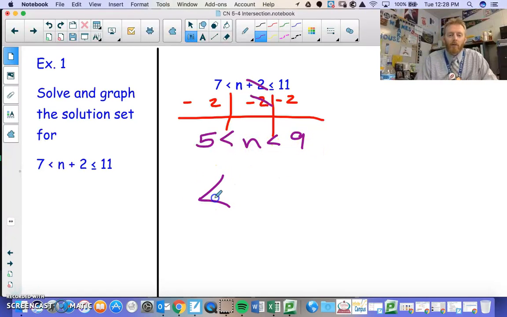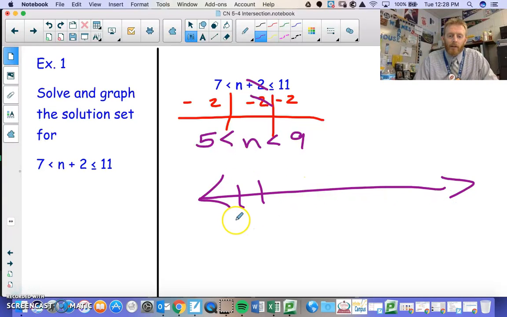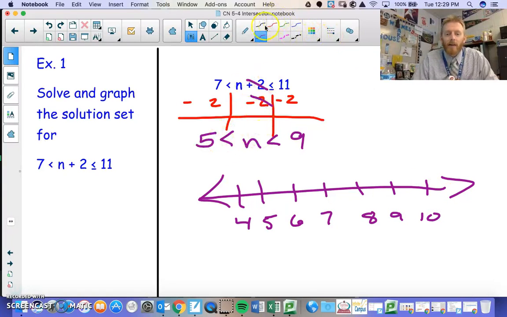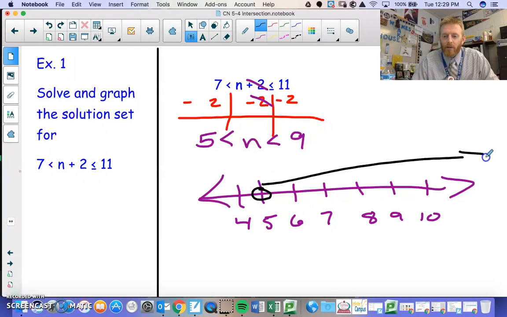So if I were to graph that on a number line, I have, let's go 4, 5, 6, 7, 8, 9, 10. Because of my symbols here, I'm going to have an open circle at 5, and n is greater than, so it's going to be going this direction.